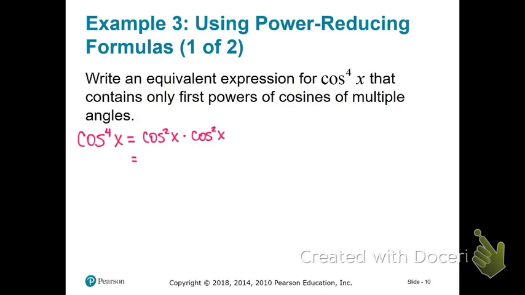So let's see. Cosine squared had the formula of 1 plus cosine of 2x over 2. And so we're going to multiply that times itself. I probably should have gone across. Would it be okay if I erase it and go across, just to save room? Because we're not actually doing an identity, so I don't have to go straight down.